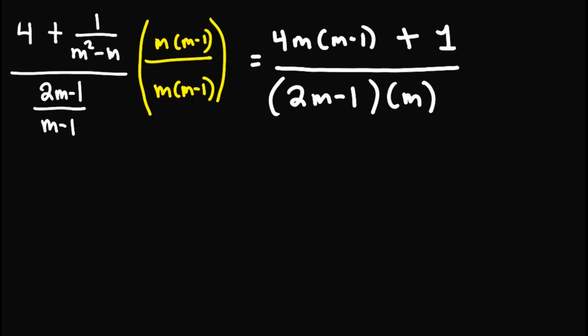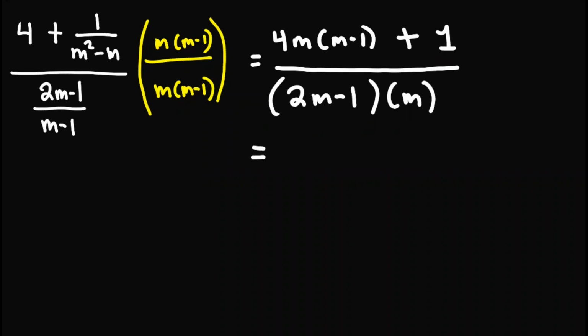Now, from here, I wouldn't multiply this denominator immediately, since I might be able to cancel something from it. But since we can't really factor anything from the numerator, that's what I would simplify.